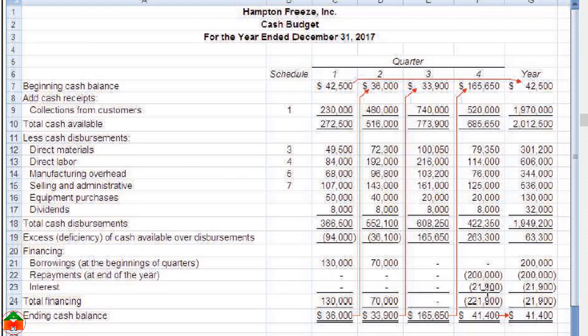But for calculating, I am repeating, we have taken loan 130,000. This loan has been used for all the quarters, and this 70,000 loan is taken in the second quarter. That means this 70,000 worked for the remaining months, I mean 9 months, and this 130,000 is used for 12 months.